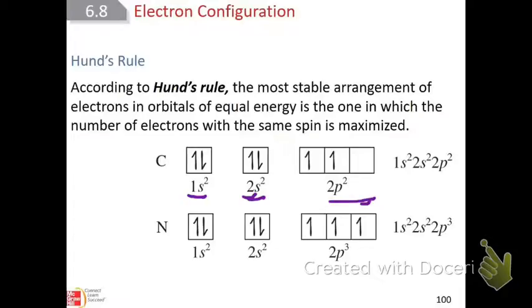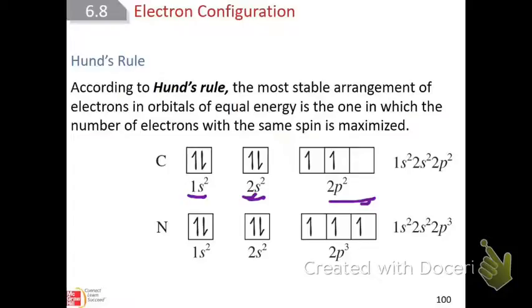They don't go to the third energy level because you have p orbitals. Notice how they fill them. That's Hund's rule. Hund's rule says that if you have vacant orbitals, in this case these vacant p orbitals, since electrons have like charges and like charges repel each other, they're going to fill the individual orbitals until they all are filled with 1 electron, and they're going to have parallel spins.